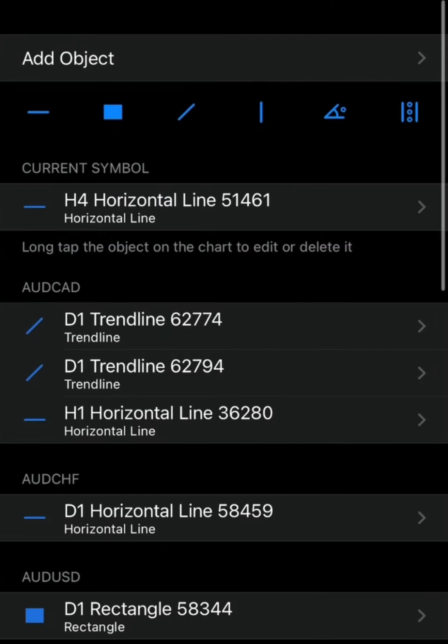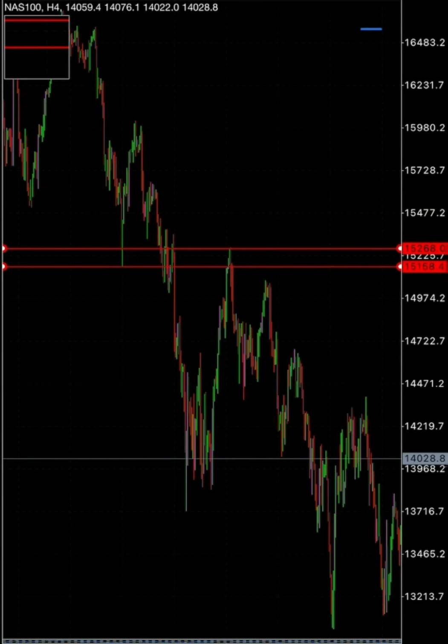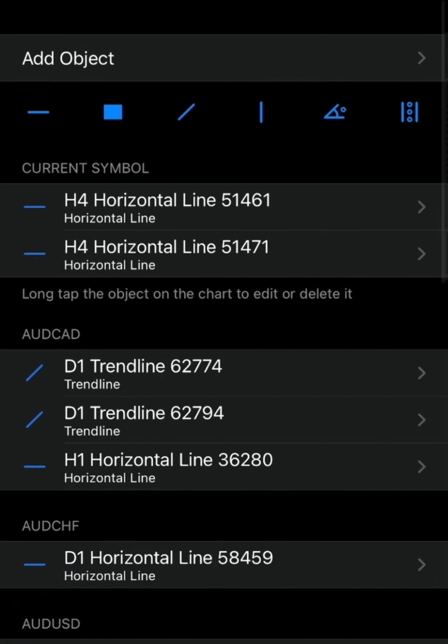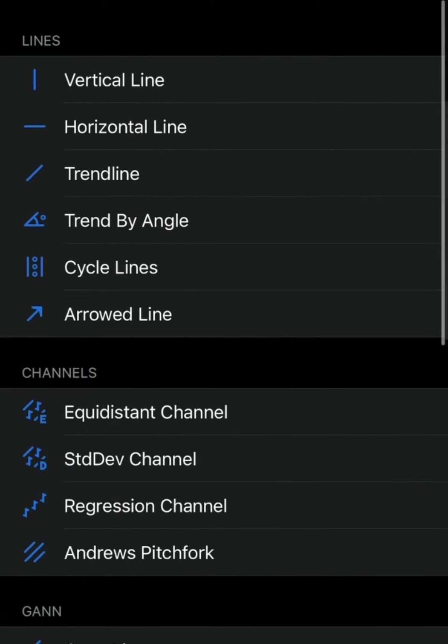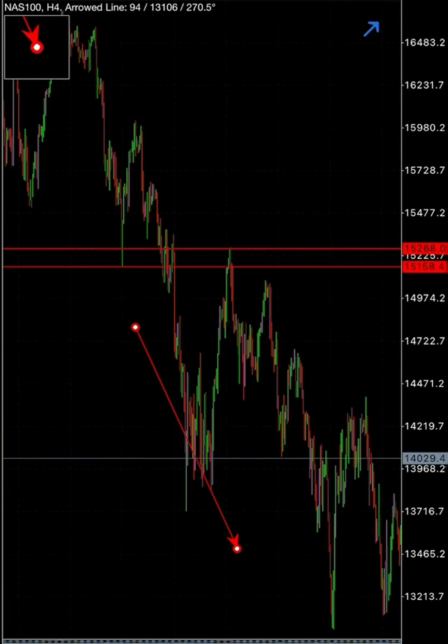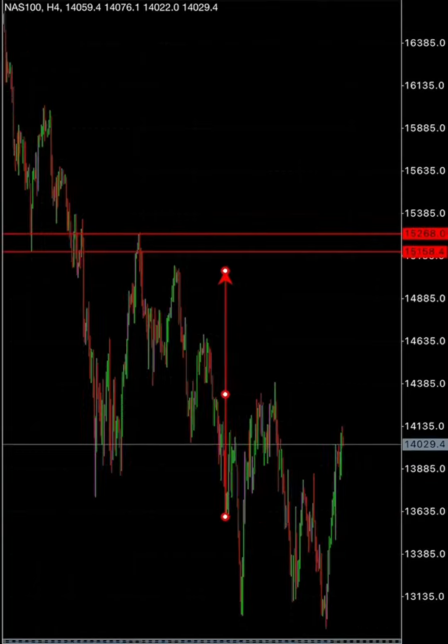Now I've spotted this as a support turn resistance level. How?